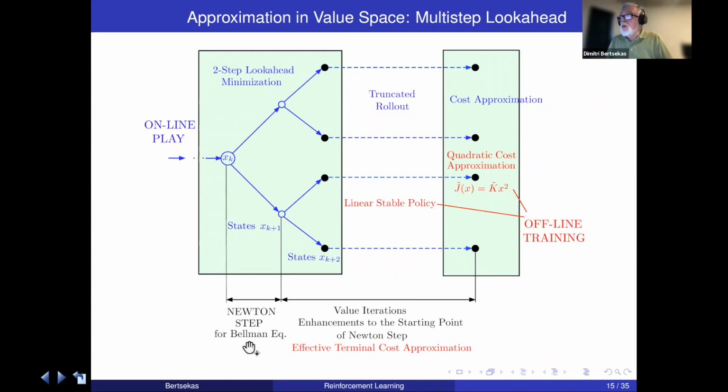But it is still a Newton step. What is significant here is to explore what effect the truncated rollout and the extra look ahead have on this. In other words, how the effective terminal cost approximation differs from the K tilde terminal approximation. And that's what I'm going to try to do in the next couple of figures.